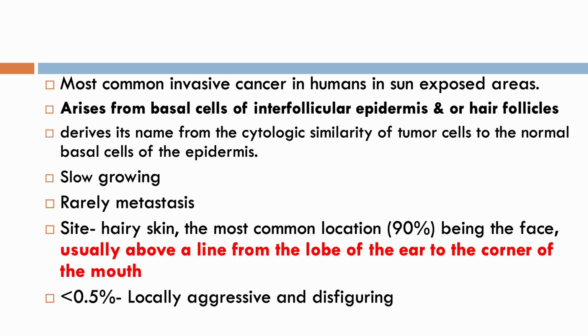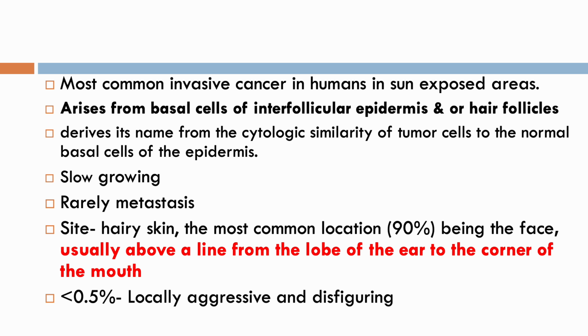It is slow growing and rarely metastasizes, and the most common site is hairy skin, with the most common location in 90% of cases being the face, usually above a line from the lobe of the ear to the corner of the mouth.